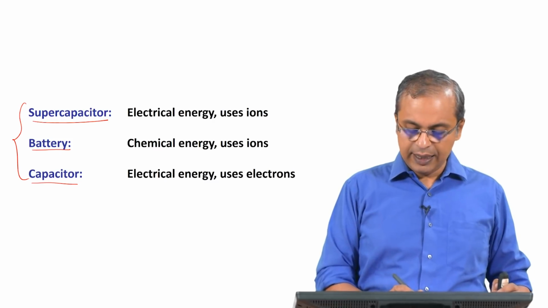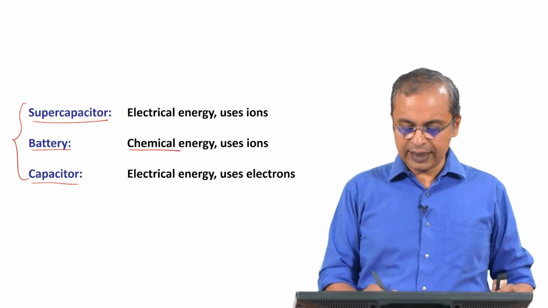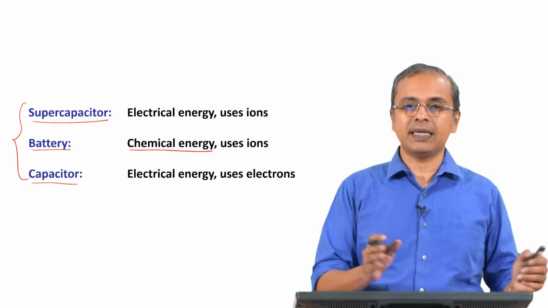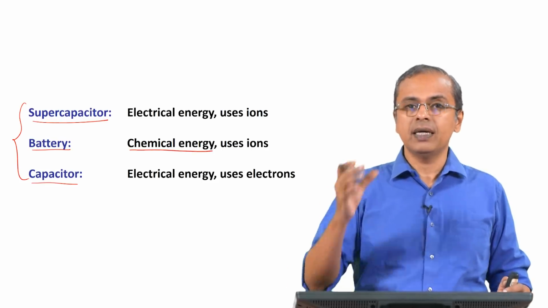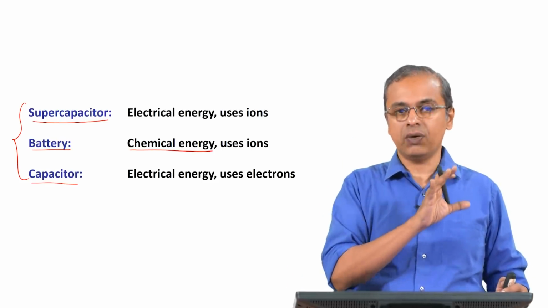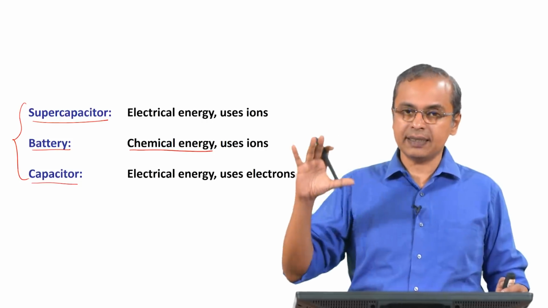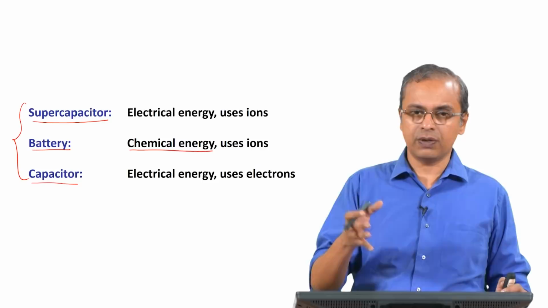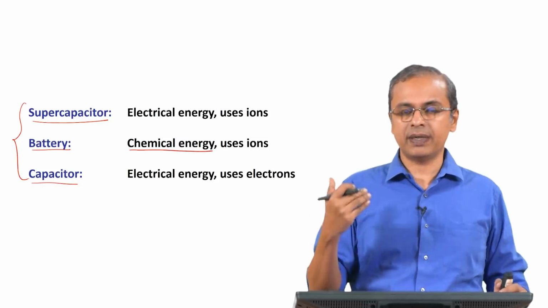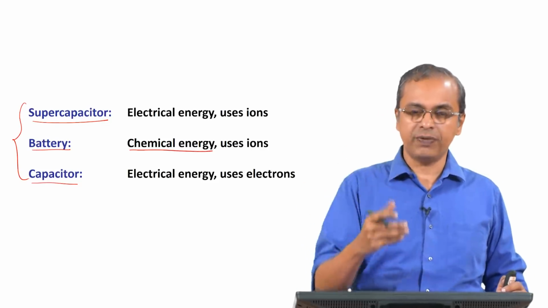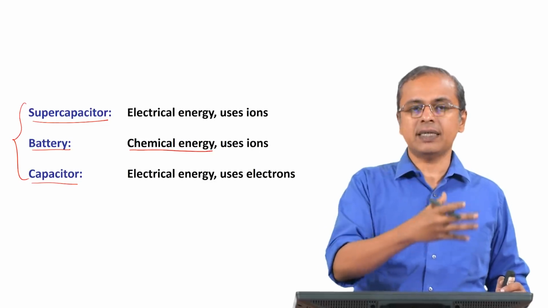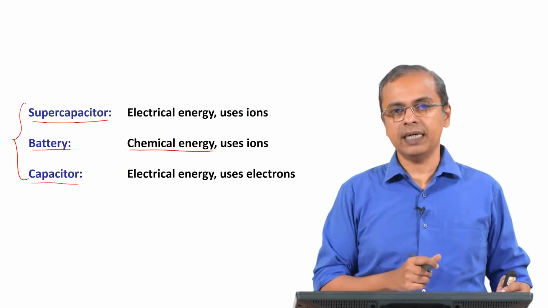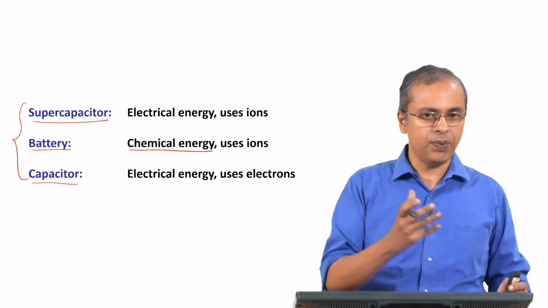The energy that is stored there is stored in the form of chemical energy. Chemical energy meaning you have a reactant sitting on one electrode and another reactant sitting on another electrode. So, an electrochemical reaction happens, there is a charge transfer between the electrolyte phase and the electrode phase. In the end there is a chemical change that has happened to some constituent, right. So, some compound has formed.